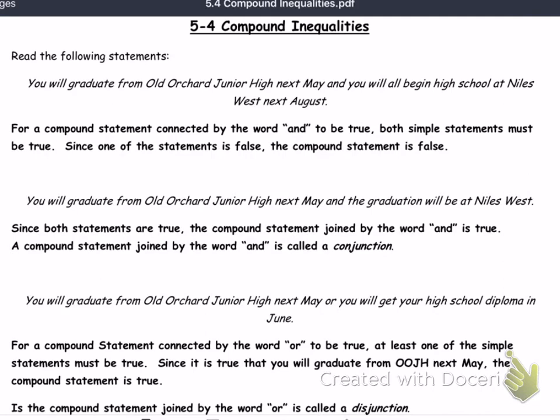The first one says, you will graduate from Old Orchard Junior High next May, and you will begin high school at Niles West next August. For a compound AND statement to be true, both of the simple statements must be true.